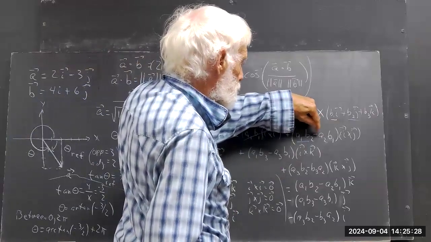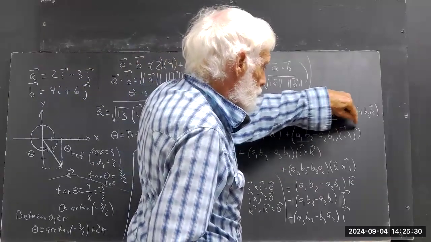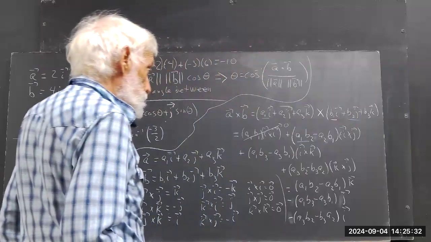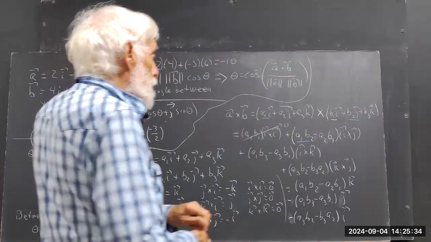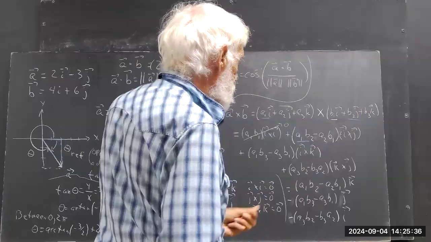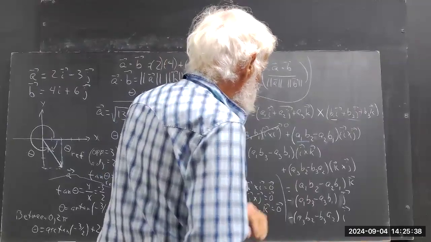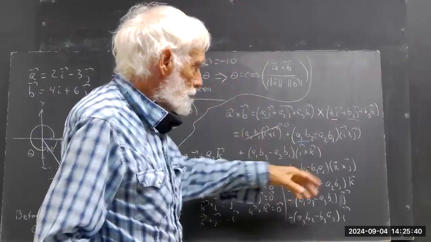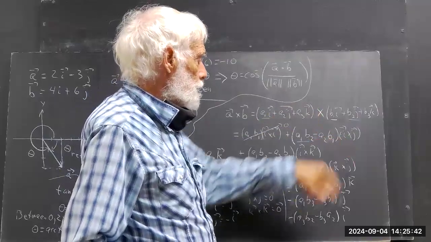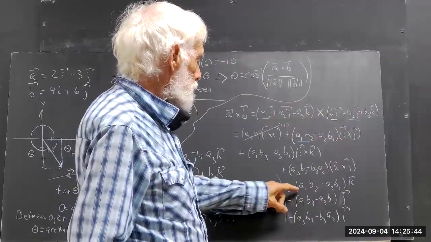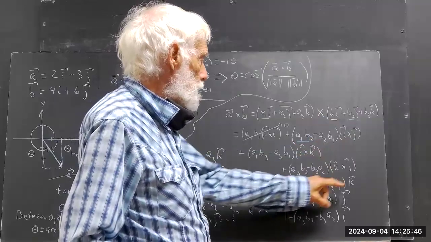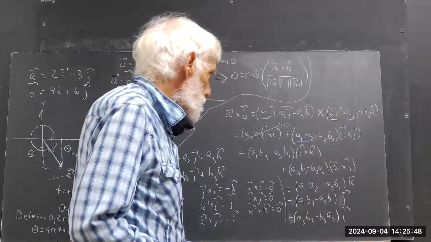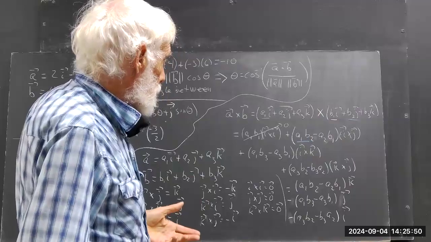So just put the negative sign on A2 B1 and multiply by i cross j. All right, so there it is. And right there is our i cross j. What's i cross j? It's k. So that means we've got A1 B2 minus A2 B1 times k. All right. So we've got that.